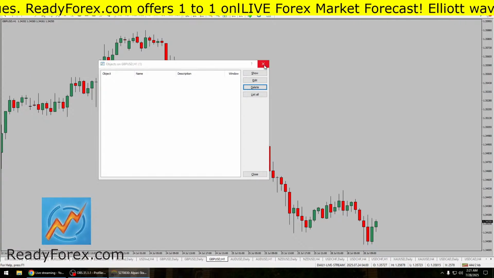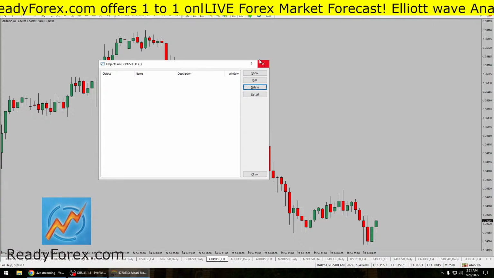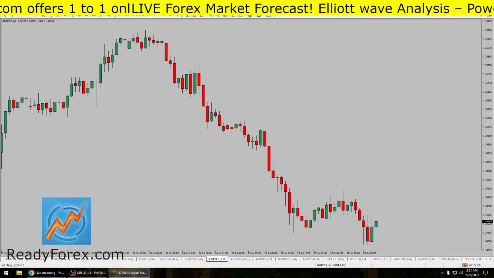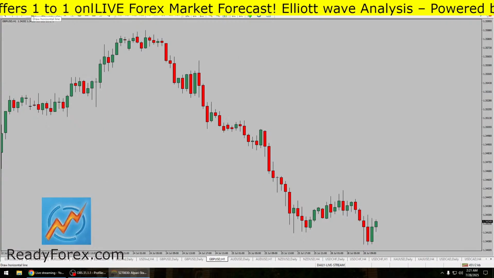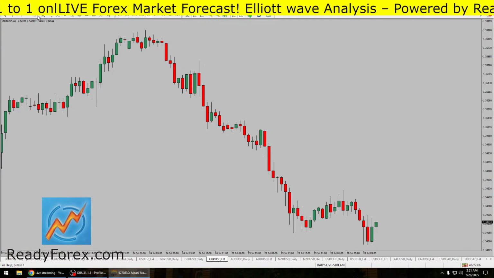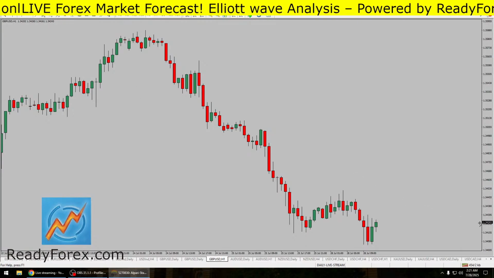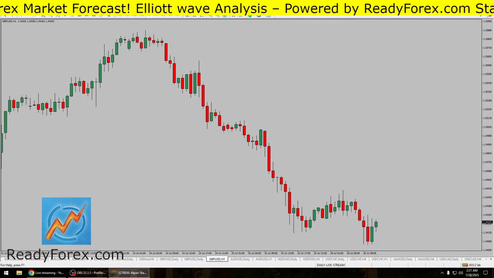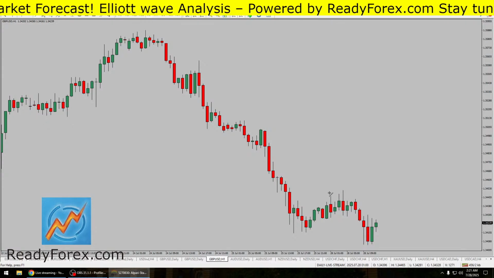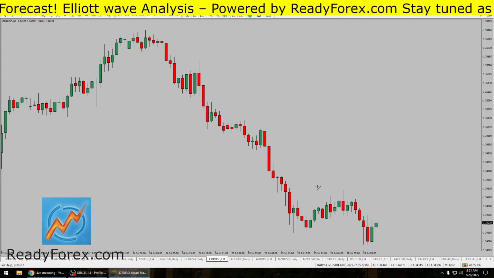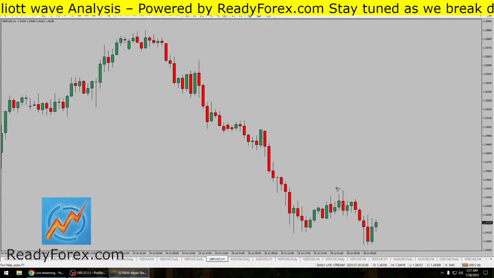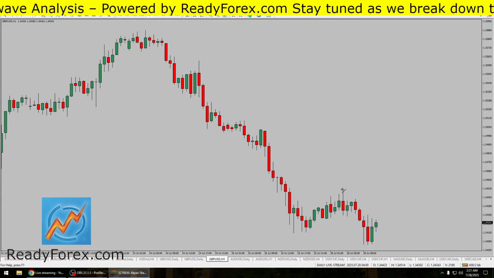Now the level that I'm looking, let me go over here. So we have this swing high over here in price action of the currency pair. So the most recent swing high is right over here.